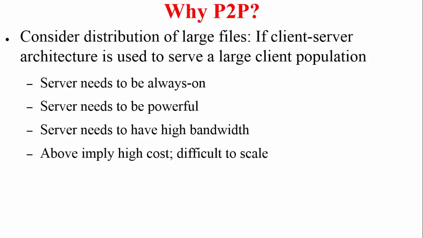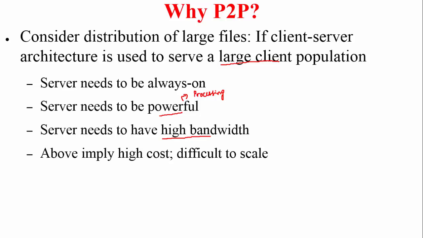Well, for one, the server needs to be always on, and it has to be very powerful, by which I mean the processing capabilities should be very good because it has to serve a large client population. Not just this, in order to serve this large client population, the server also needs to be connected with a very high speed link.